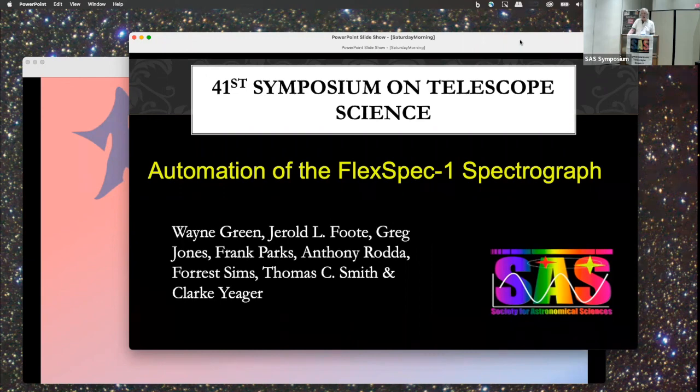Auto guiding isn't an important part of FlexSpec. It's awfully important to the spectroscopist because they want to make sure things track. So the one thing we did not want to do is to co-opt anything into our system. What we really wanted to do is to be as accommodating as possible of everything that is external to the system. And so I think John Wetmore is using an Astroberry derivative.